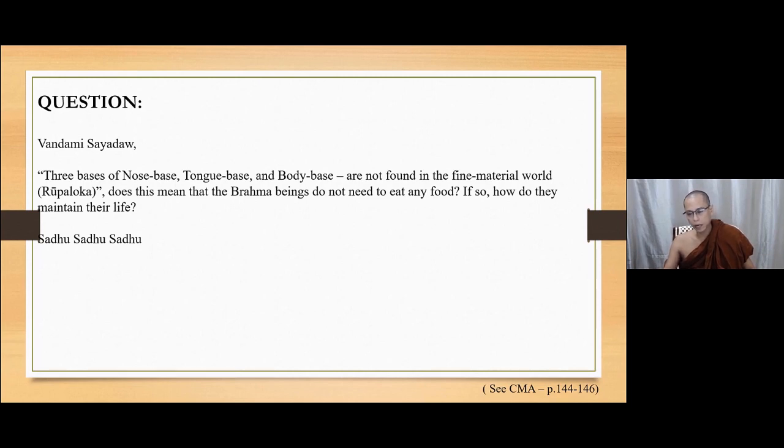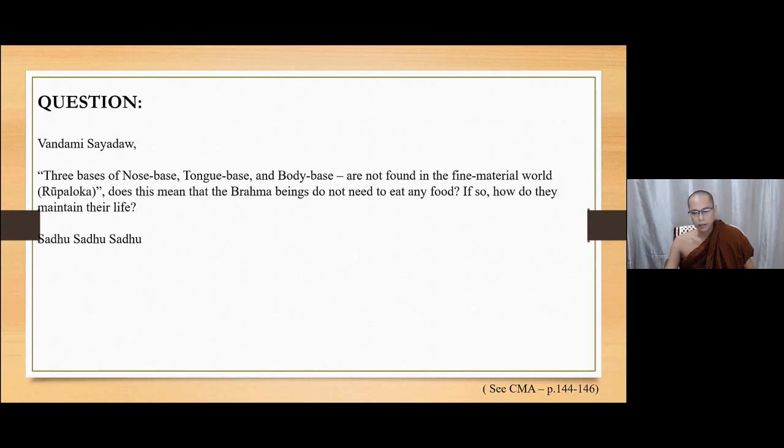So the Brahmas are piti pekha. The Brahmas are beings who have the nutriment of zest or rapture in their mind that arises and then maintains their bodies. So that is the food of the Brahma, not the physical food.